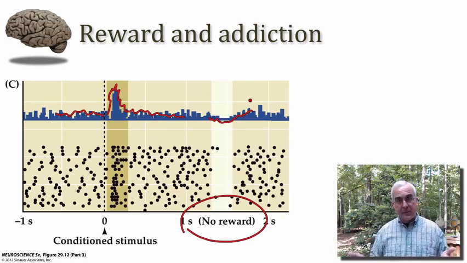But in this experiment, it was withheld. So the firing of this neuron becomes increasingly shifted then from the presentation of the reward to the anticipation of the reward.